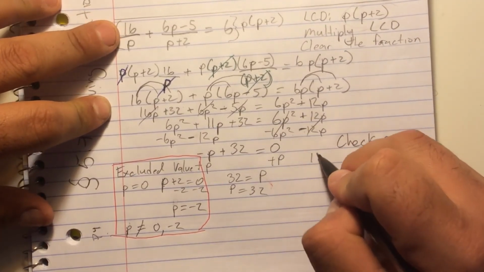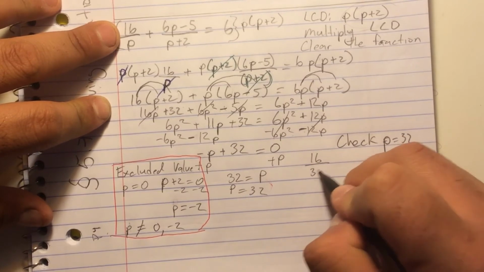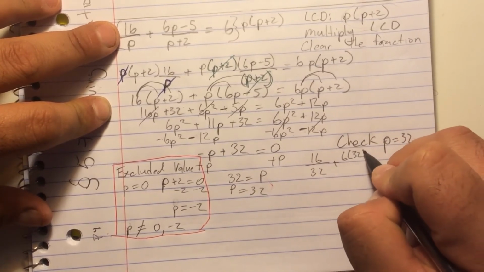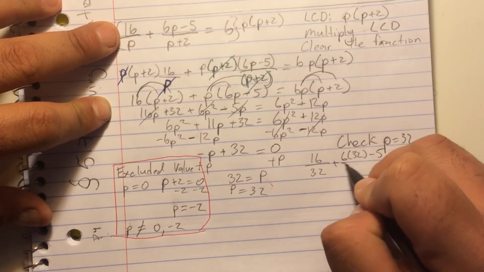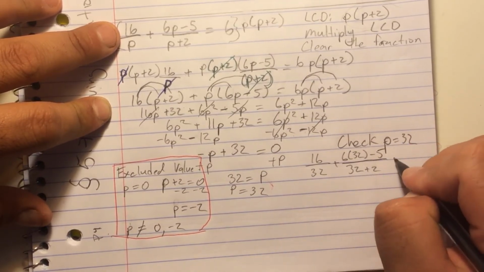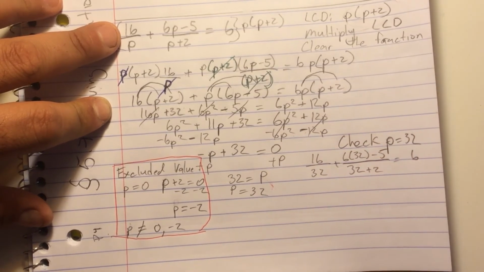We have 16 over p, which is 32, plus our 6 times 32 minus 5 over 32 plus 2 equals 6.